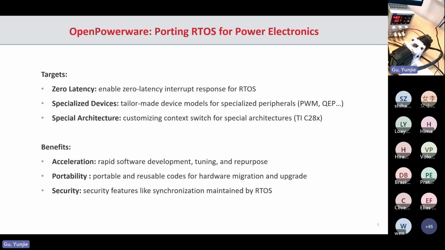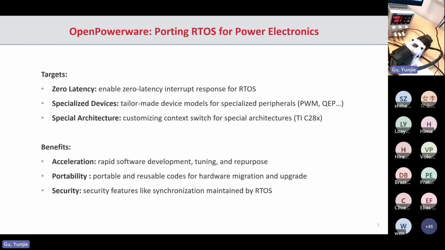So the target of this presentation is to introduce our recent effort to address these challenges under the initiative of OpenPowerware. The name is actually inspired by OpenFirmware, and we transformed it to power. It's an open source software for the power electronic industry. And the target is to port the RTOS to make them more suitable for the power industry.